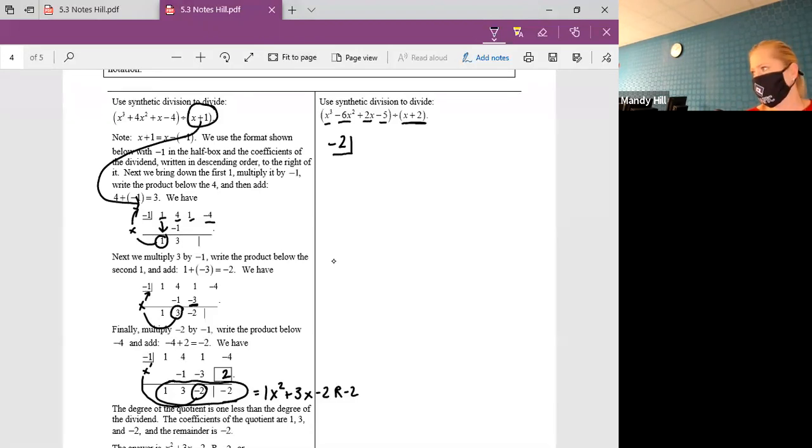So that's in order. You list the coefficients. It's 1x to the third, so 1. Negative 6, x squared. Positive 2x. Negative 5. You list the number, you leave the x's out of this.